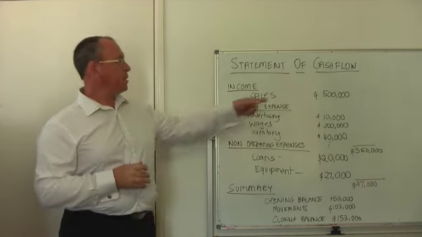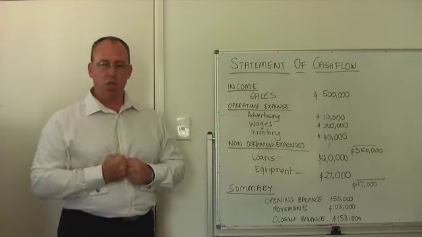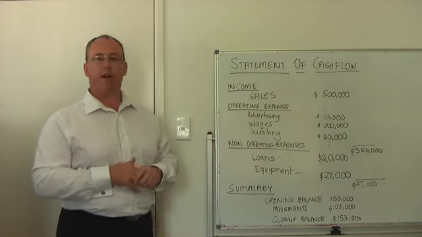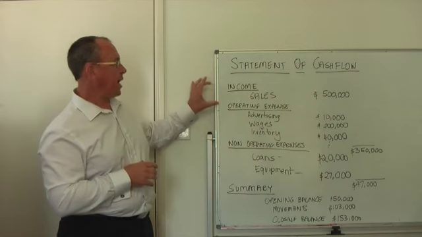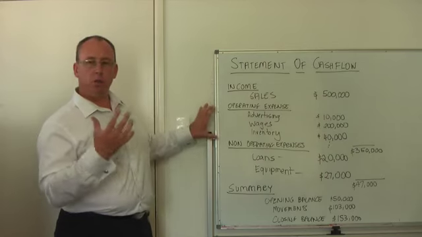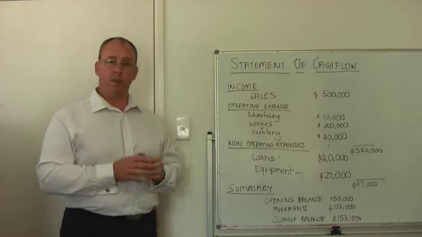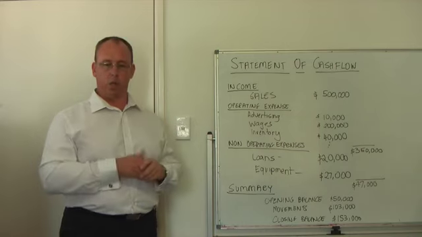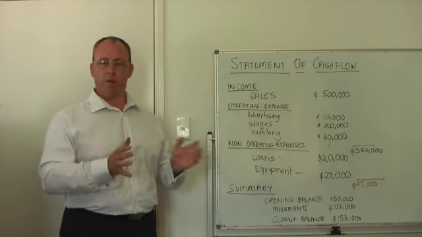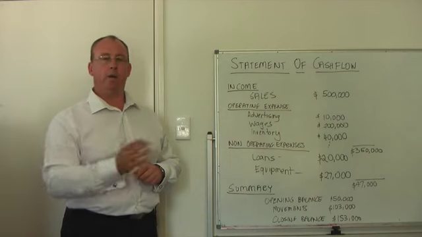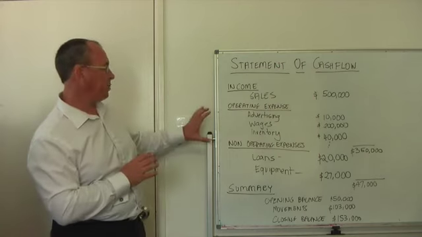Let's say we have a business that in a year takes in cash, hard cash, of $500,000. So that's our income. Actually, your statement of cash flow can be looked at any point in time, so you can pick different periods to see how your flow of cash happened in that particular period.